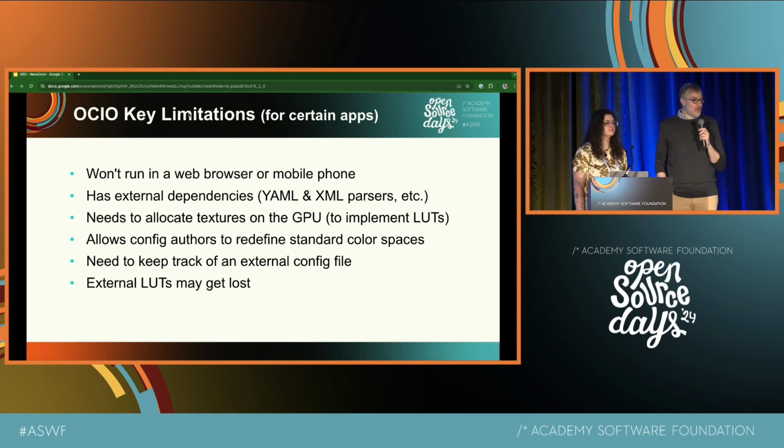Despite that, we occasionally hear from people who say, we like what you're doing, but we can't use OpenColorIO for our project. These tend to fall into two buckets: one being that it's too heavy for a certain application, or they don't like the idea that it requires an external config file that could get separated from an asset.